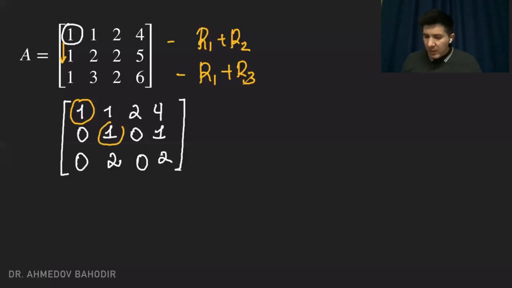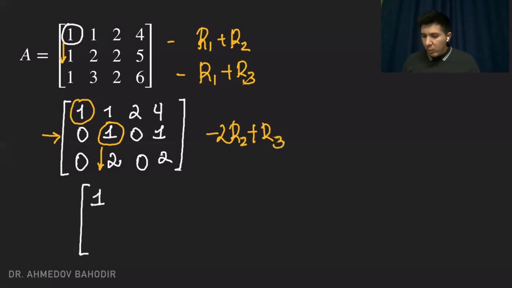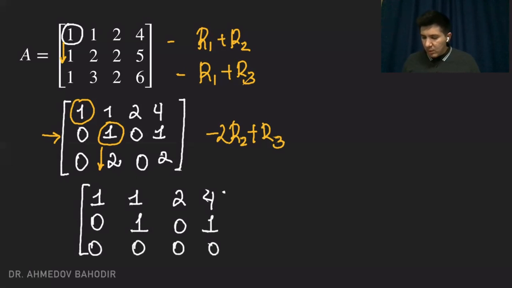It's going to be this element, the first non-zero entry on the second row. I'm going to eliminate everything below this by multiplying the second row by -2 and adding this to the third row. We obtain the row echelon form of this matrix in the form of 1, 1, 2, 4, 0, 1, 0, 1, 0, 0, 0, 0.